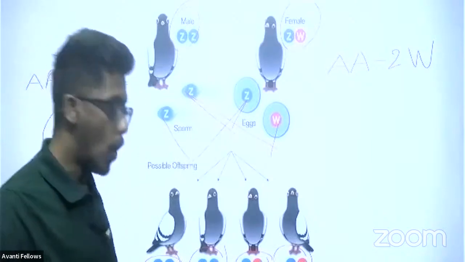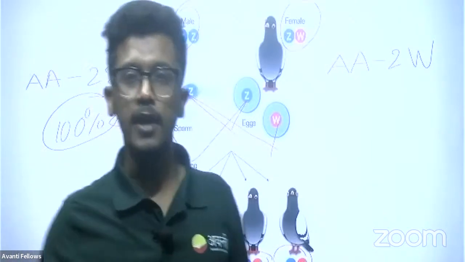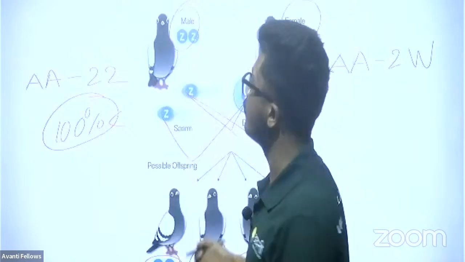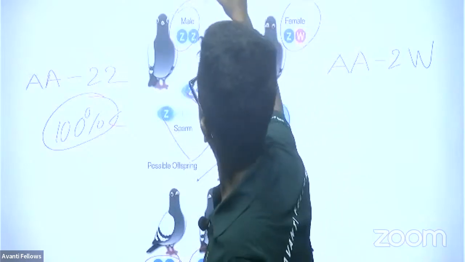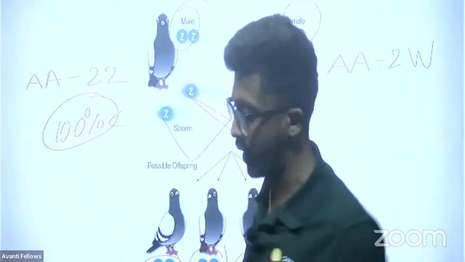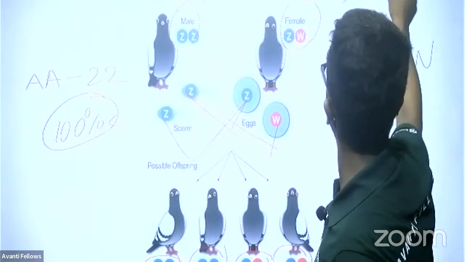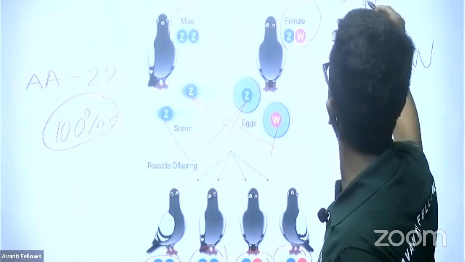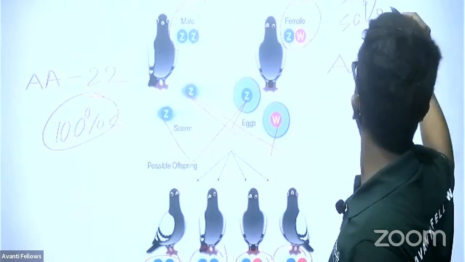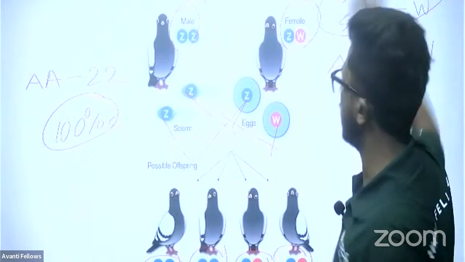So what do we call the sex determination where you have male gametes which are very uniform, 100% the same, whereas in females we have 50% Z type and 50% W type? What do we call it?